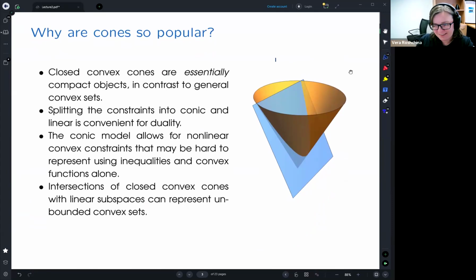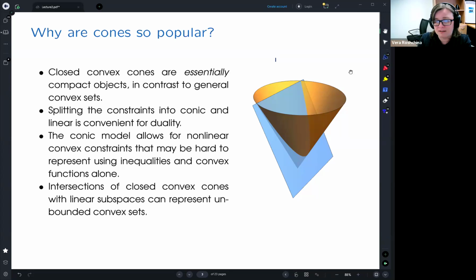So as I said, some problems are typically formulated through conic programming, right? So why do we want to formulate a problem using a cone and not just a general convex set? Well, for one, closed convex cones are essentially compact objects, right? So if I take a closed convex cone, I can talk about all sorts of convergence and I can use compactness because I can look at all those rays in the cone as some equivalence classes, right?